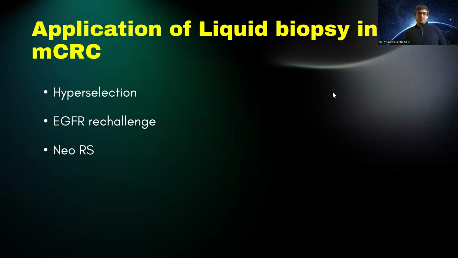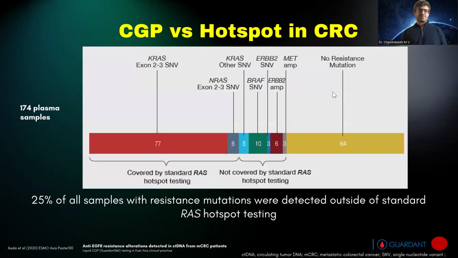Now let's see how we can apply the liquid biopsy in metastatic colorectal cancer. Okay, the concept of hyper-selection, EGFR rechallenge, and neo-RAS. There we go. We all know that in colorectal cancer, you want KRAS, NRAS, BRAF mutated patients to be removed because they are not fit for anti-EGFR therapy.